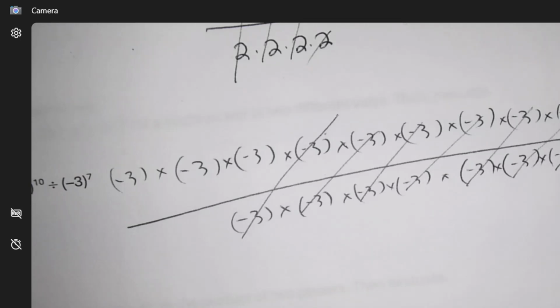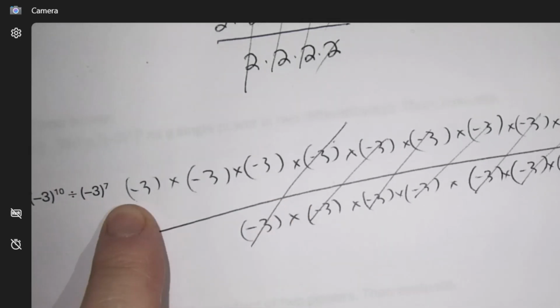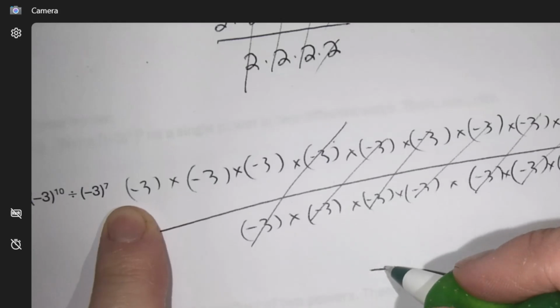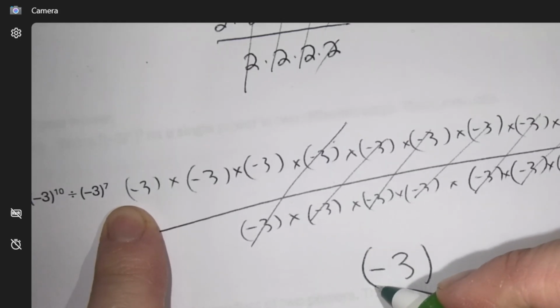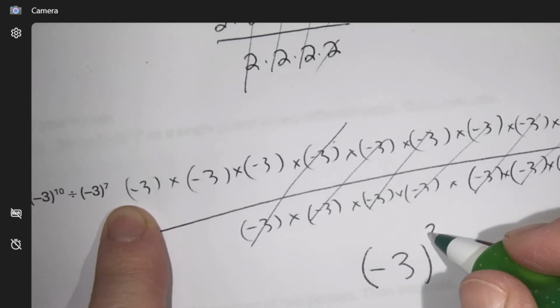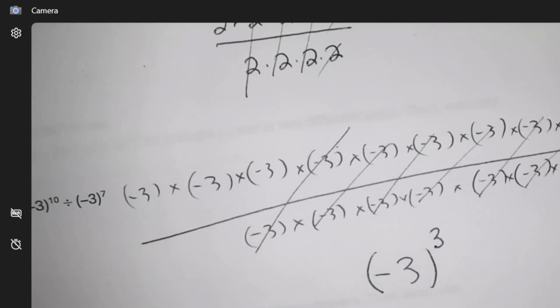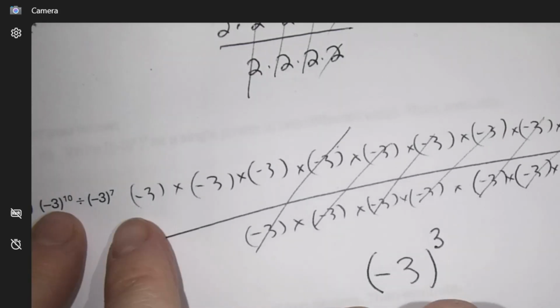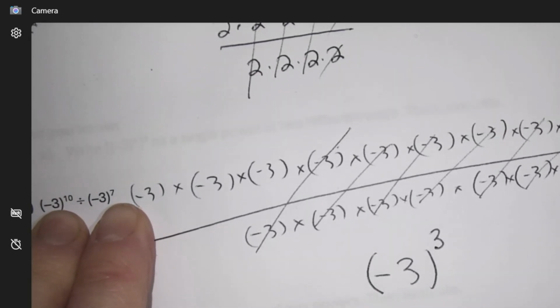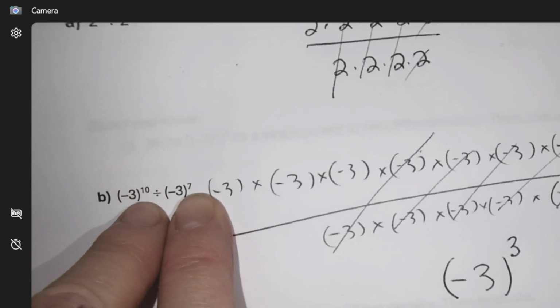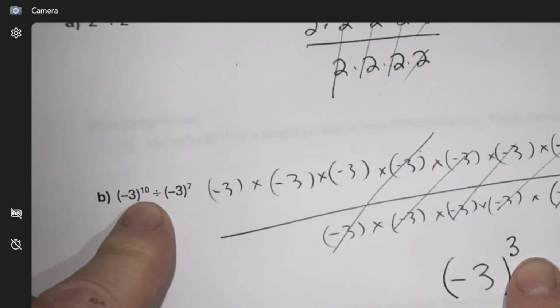And I'm left with a base of -3 repeated 3 times. What's the rule? Let's check the rule. What's the exponent subtraction? What's 10 minus 7? 3.